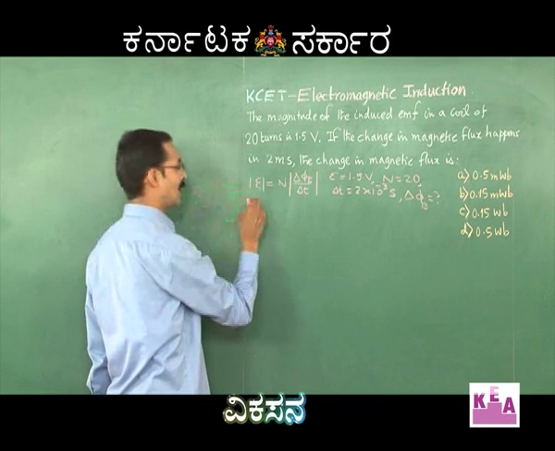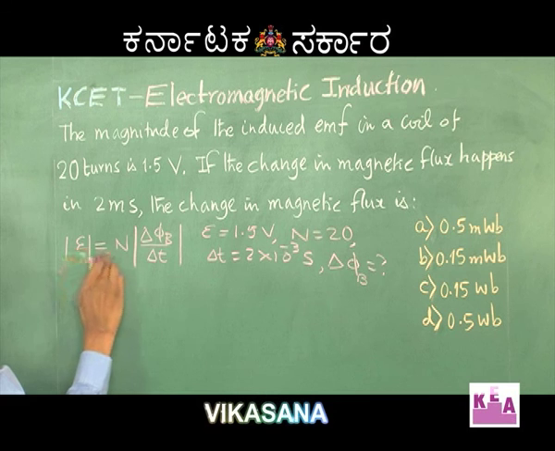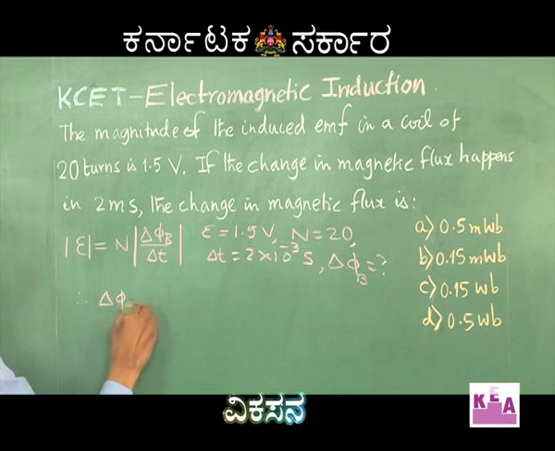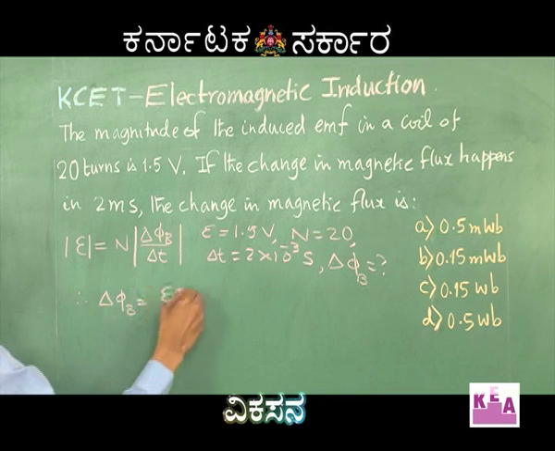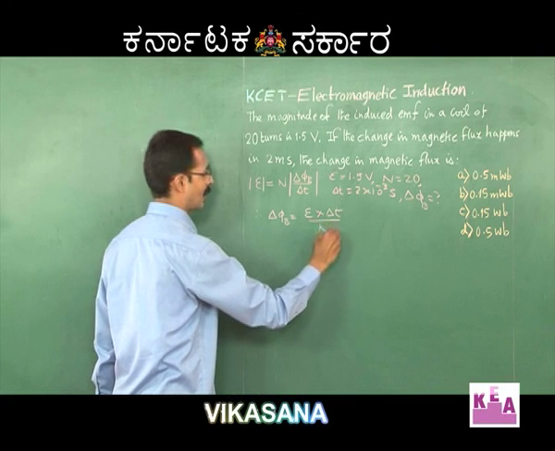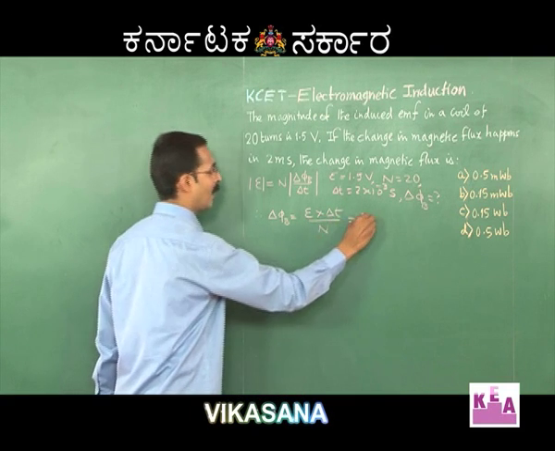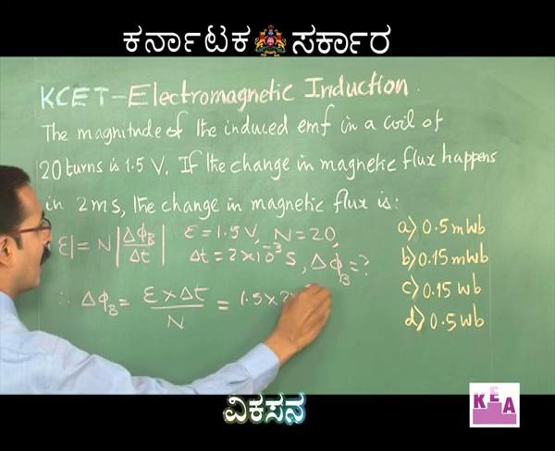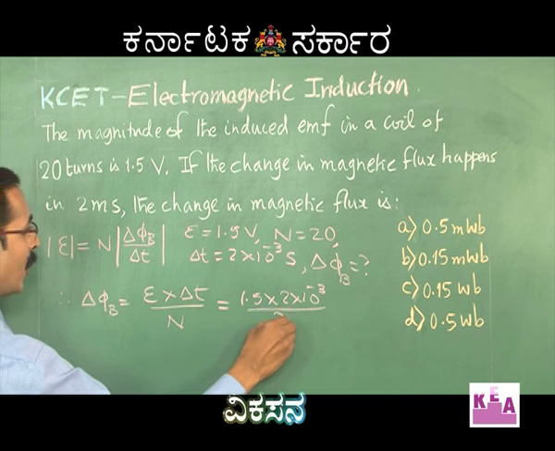By Faraday's law, magnitude of the induced EMF is equal to number of turns into change in magnetic flux divided by time taken. Therefore, change in magnetic flux becomes EMF into time taken divided by number of turns, which is equal to 1.5 into 2 into 10 power minus 3 divided by 20.